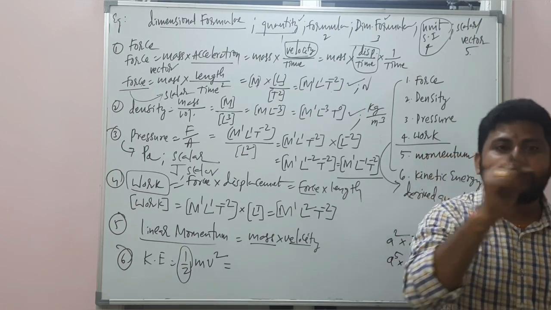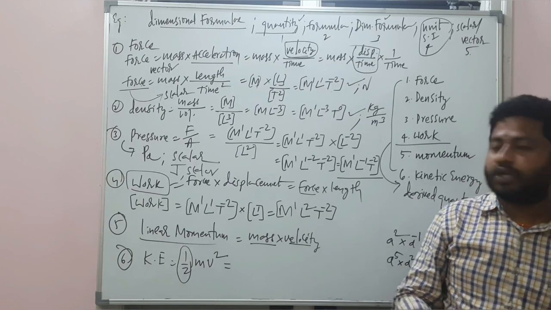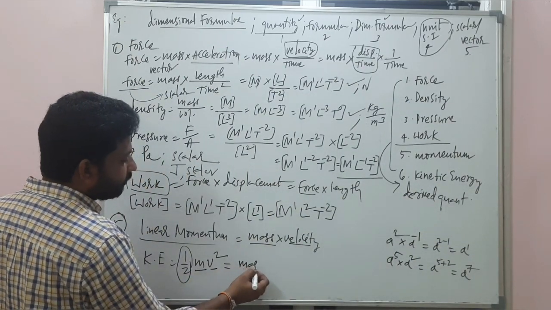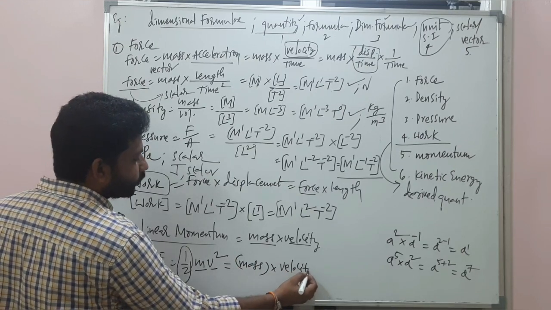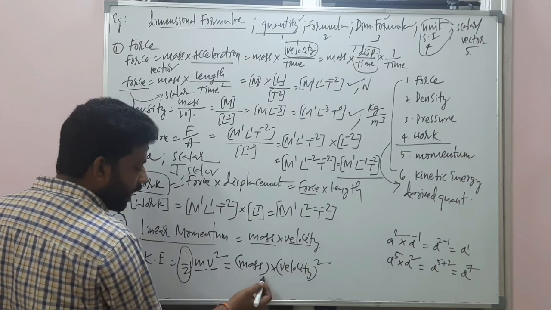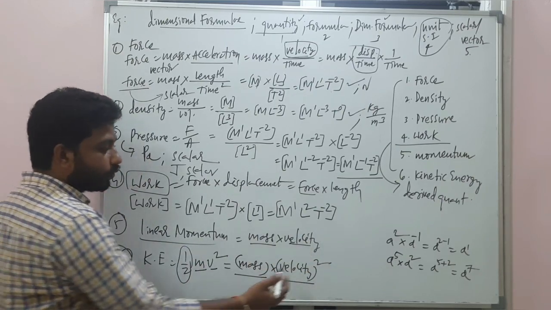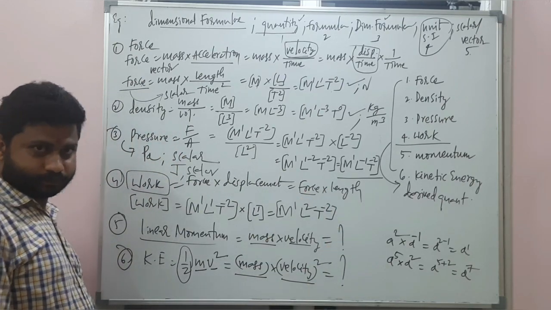So these numbers will not have any dimensions, and you need to consider only m into v square, that is mass into velocity square. You know the mass dimensions and the velocity dimensions and its square, so you get the dimensional formula here.